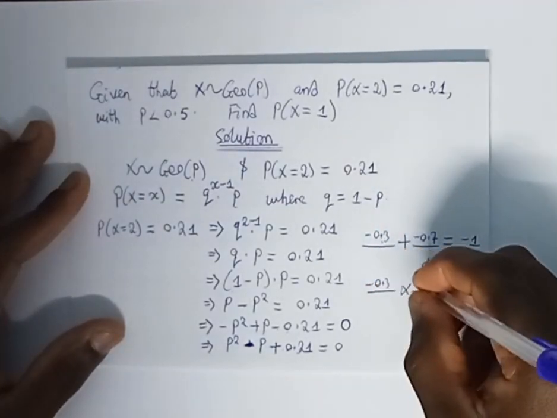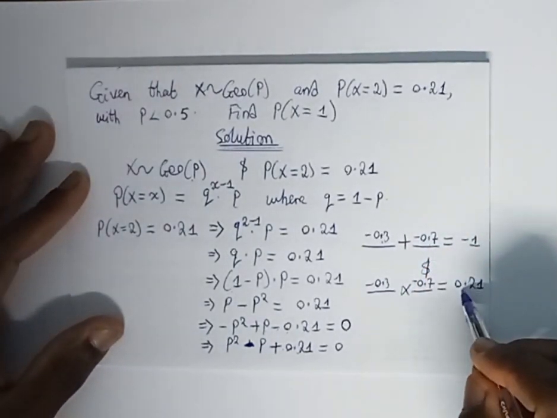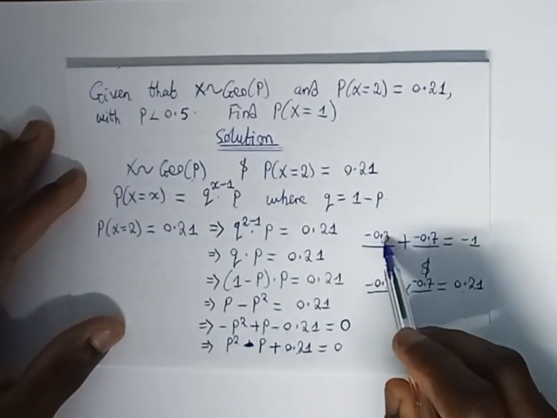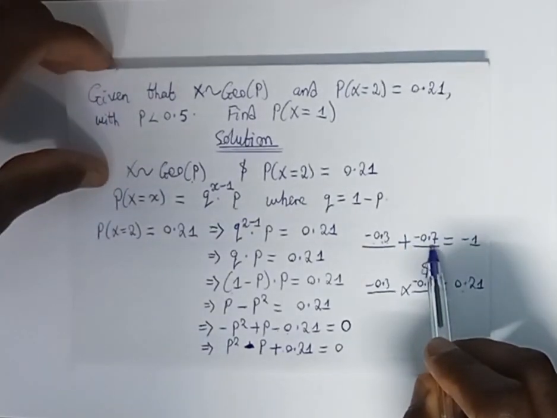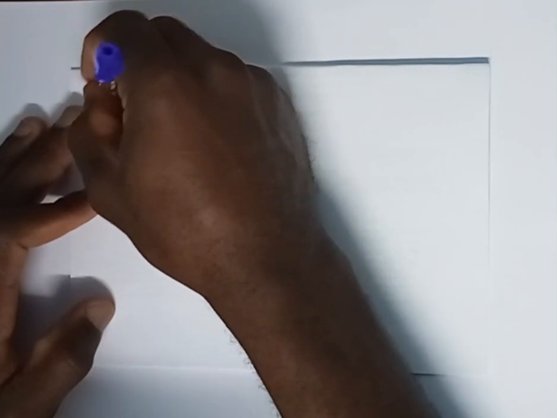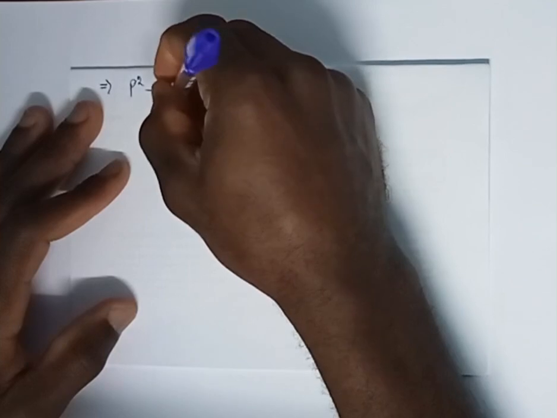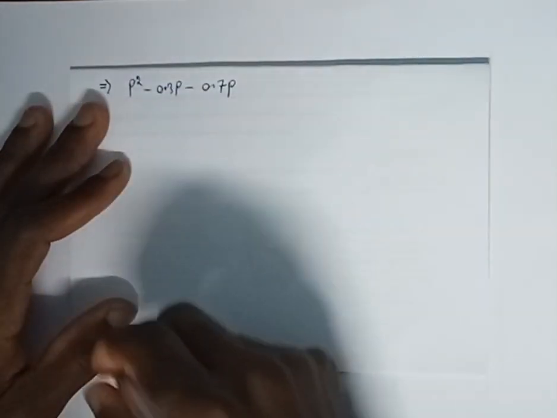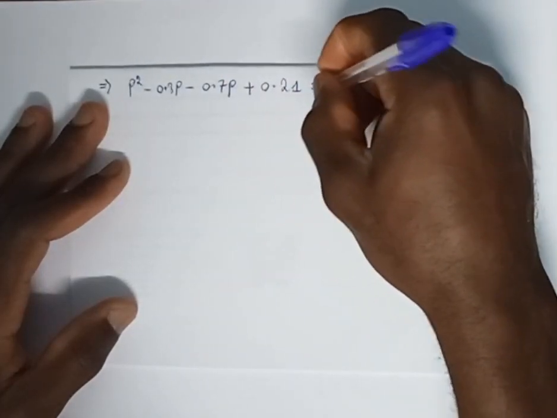Negative 0.3 times negative 0.7 gives us 0.21. So it simply means in this equation, we have to replace negative P with negative 0.3P plus negative 0.7P. This will give us P squared minus 0.3P minus 0.7P plus 0.21 is equal to 0.